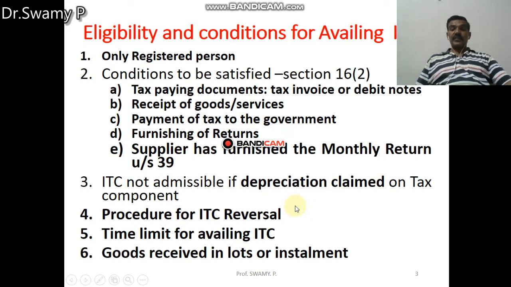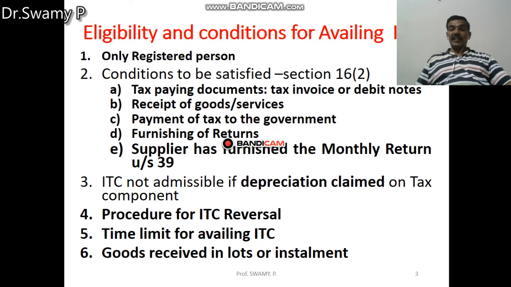Next one is a procedure for ITC reversal. Suppose the recipient fails to pay the supplier within 180 days, then the amount of such credit availed needs to be added back to the output liability along with interest at 18% per annum.